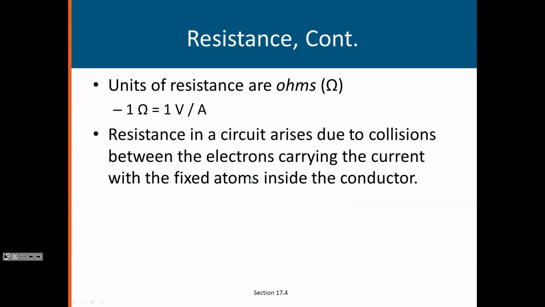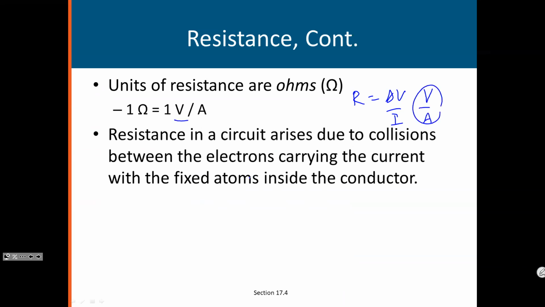So continuing on that, after we define the resistance, since it is delta V over I, delta V has the unit volt in SI units and I is ampere. So the unit for resistance is volt per ampere.